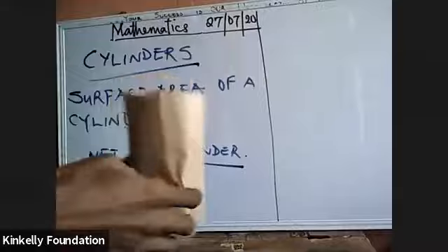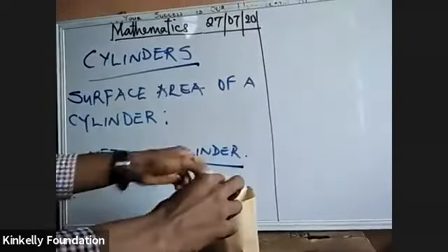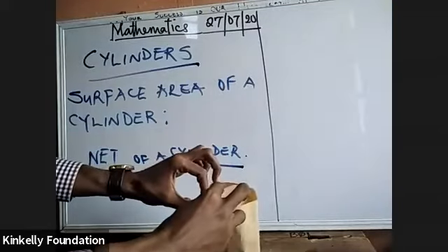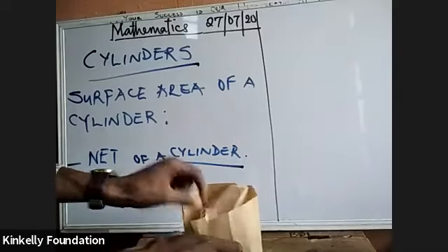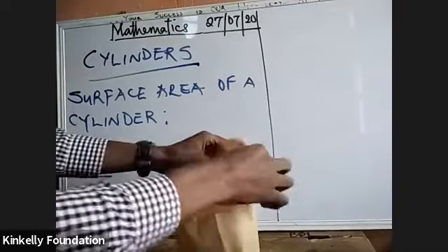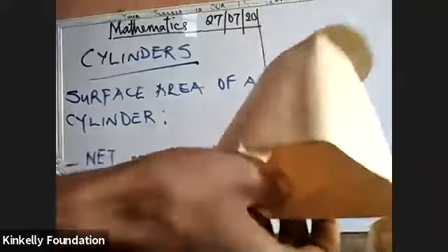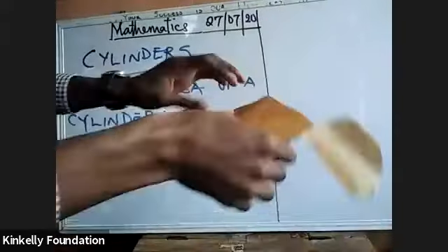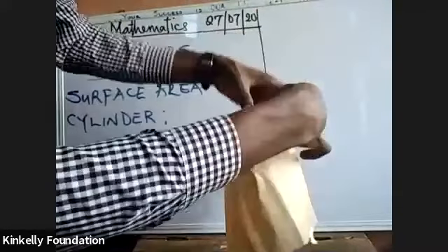Okay, let us see how we open a cylinder. We try to open our cylinder this way. You see the components that make up this cylinder. Opening up the cylinder, we have something like this. Let's see the components.